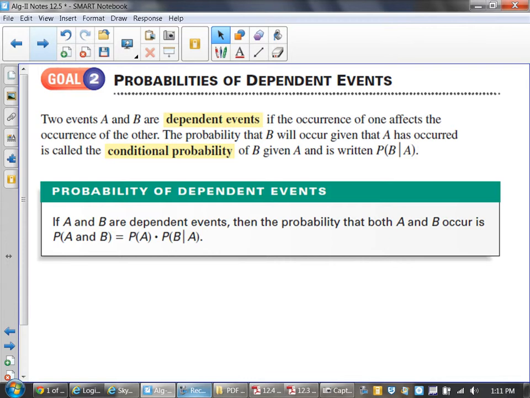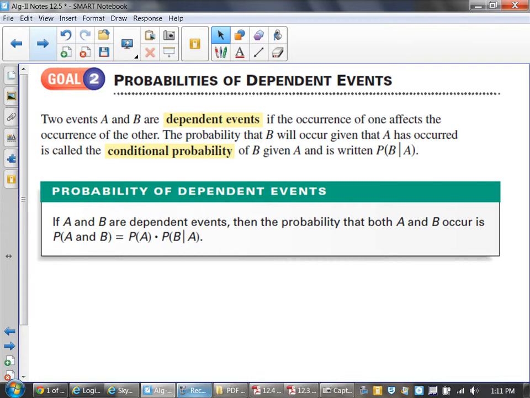So let's look at dependent events. A dependent event is a little bit different. Again, you have done this before. A dependent event is the same idea, where I want to talk about the probability of going jack and then ace. But I'm not going to replace the first card.